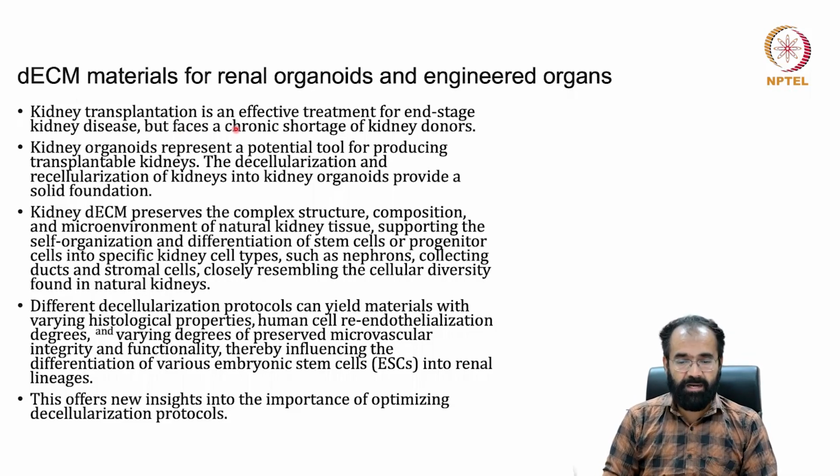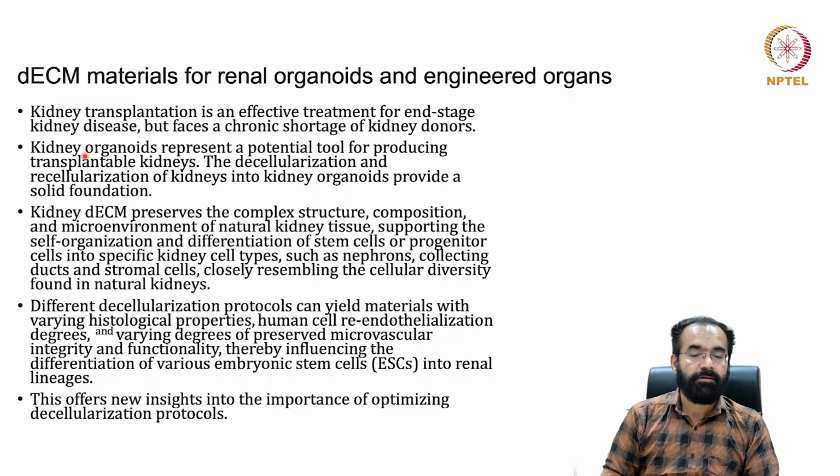So kidney transplantation is an effective treatment for end stage kidney diseases, but faces a chronic shortage of kidney donors, which we know is a challenge in every organ demanding patients. Kidney organoids represent a potential tool for producing transplantable kidneys. The decellularization and recellularization of kidneys into kidney organoids provide a solid foundation to start with.